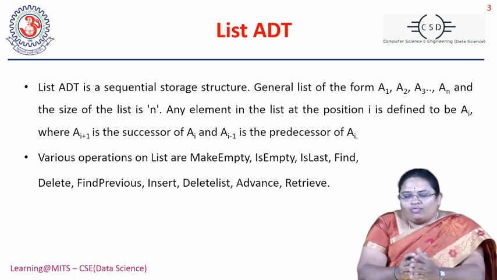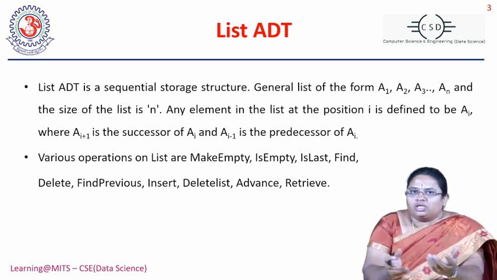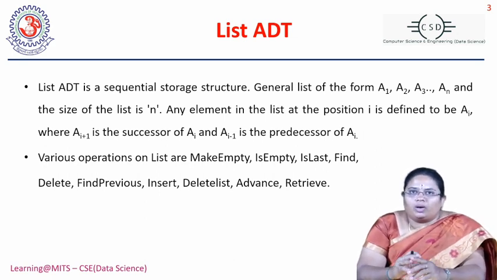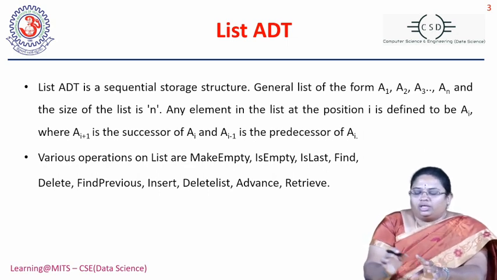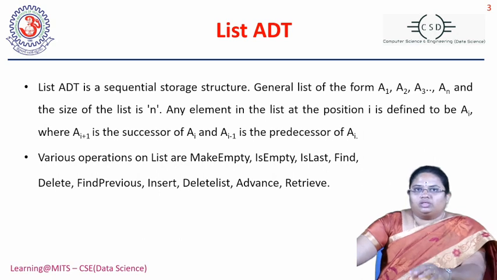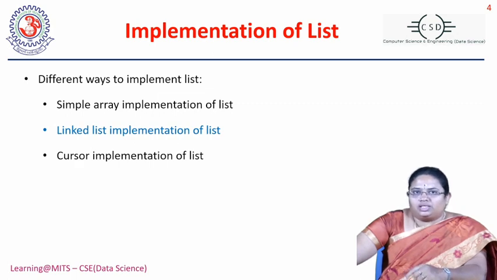The set of operations that can be done on a list are make empty, is empty, is last, find, delete, find previous, insert, delete list, advance and retrieve. Specifically here, we have three different methods to implement the list: array, using linked list and using cursor.